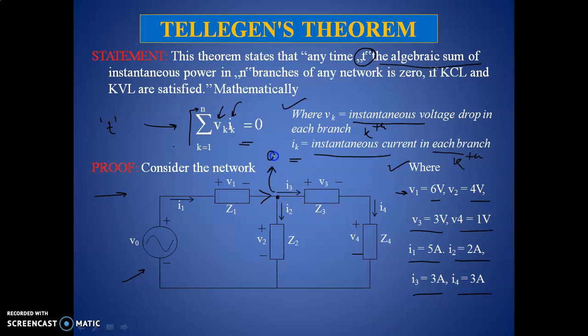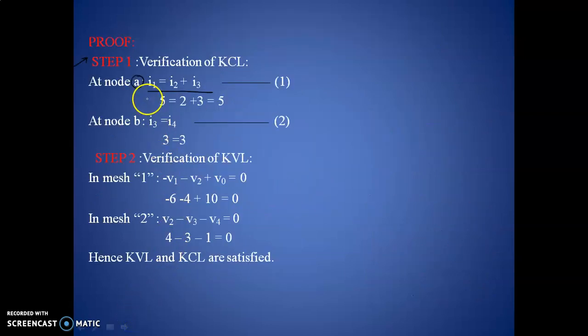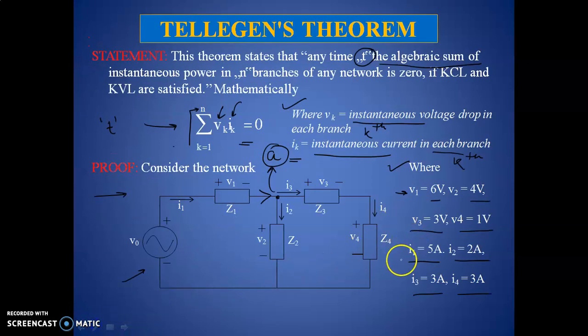So this is your node A. At node A, I1 is actually dividing into I2 and I3. So put the given values: I1 is 5 ampere, I2 is 2 ampere, and I3 is 3 ampere. We are just cross verifying the results.